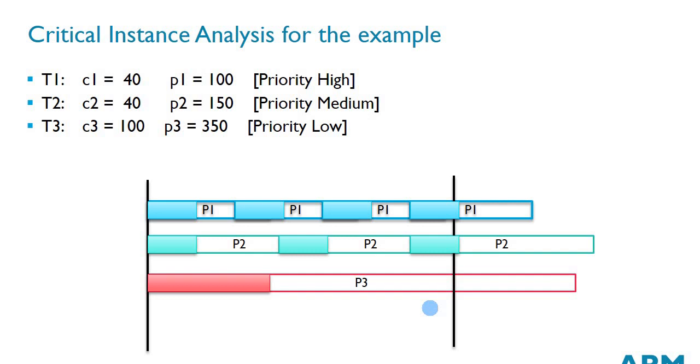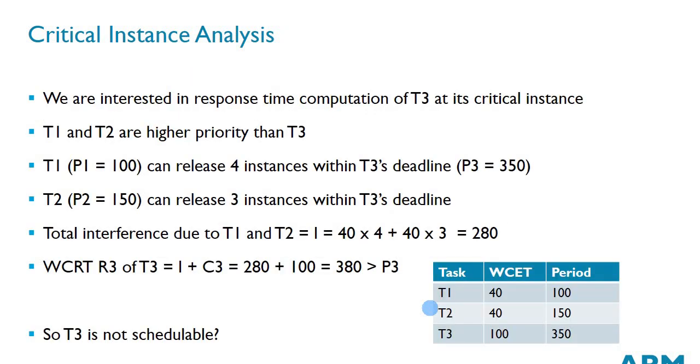Now let's look at this timing again. These are the instances where your tasks are released. We are interested in the response time computation of T3 at this critical instance, and we know that T1 and T2 are higher priority than T3. So T1 and T2 will have how many instances?